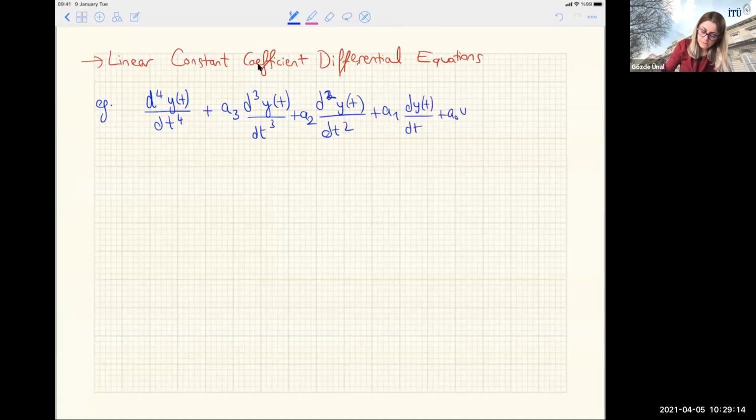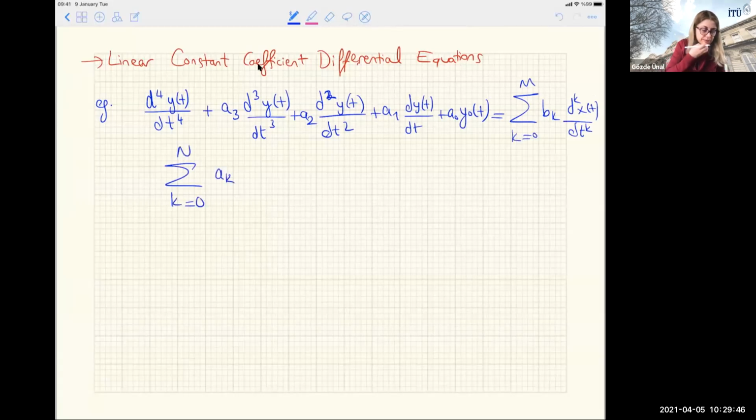Plus a0 y of t. And on the right-hand side, I can have the sum of bk d to the k x of t by dt to the k, k equals 0 to m. Okay? So the general form of these is, again, I'm assuming something you've studied in your differential equation class. Okay?